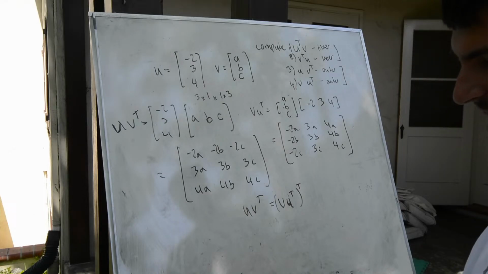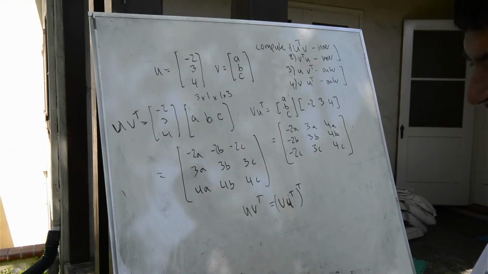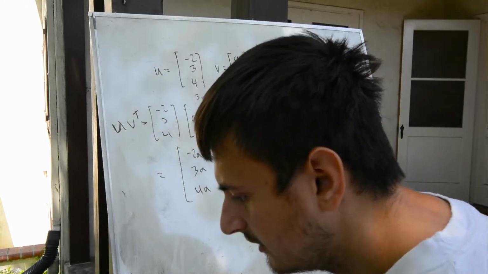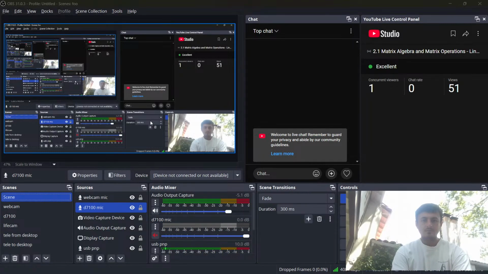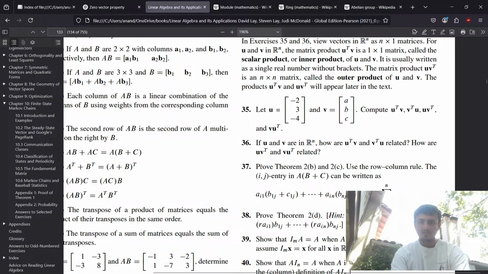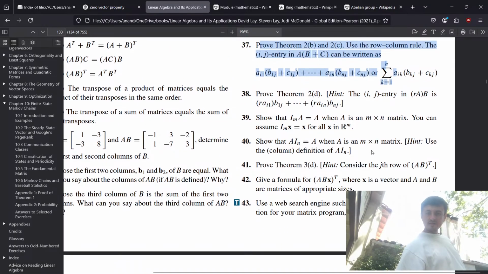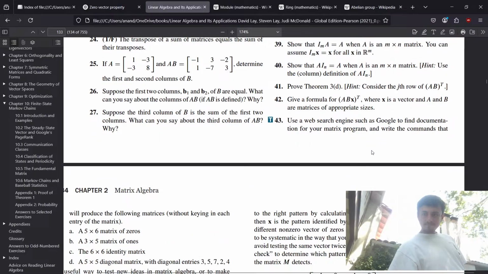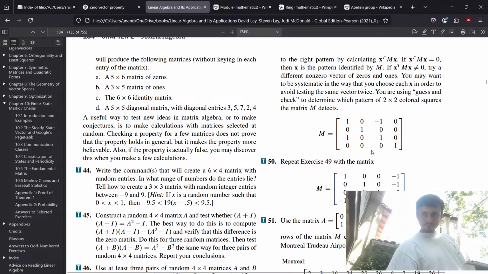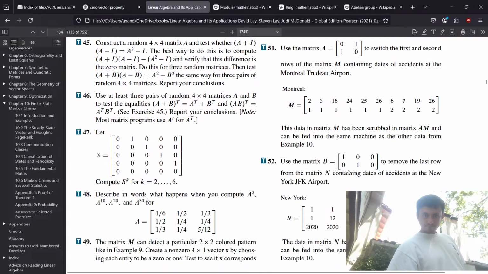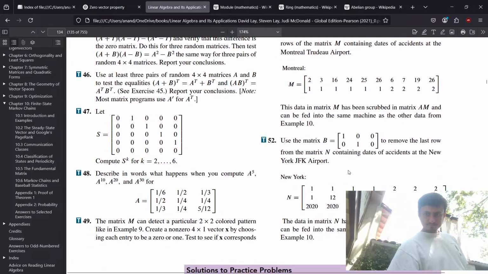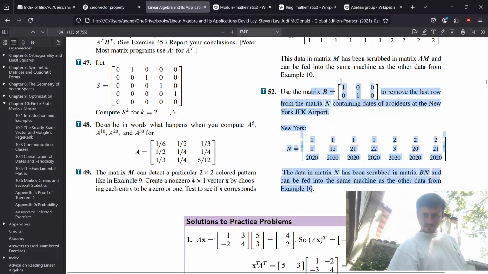Okay, we have to do a proof. So, prove theorem 2b and 2c. Let's see, how many left do we have? Because it's already 1 p.m. and I need to get going. We should do one of these.